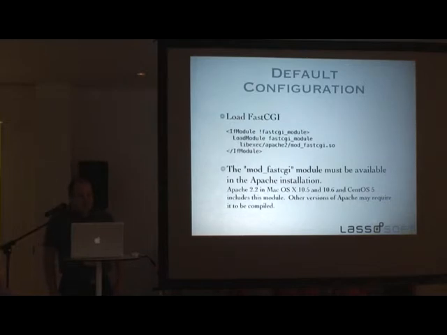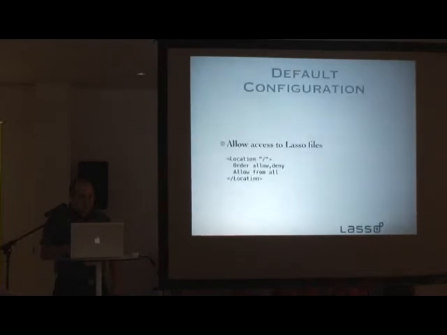Apache in macOS 10 Leopard and Snow Leopard has the module by default. On earlier versions of macOS 10, you can certainly install mod fast CGI, but it was not installed by default, so it needs to be compiled and installed. And we may be able to provide a little more assistance with that later on.